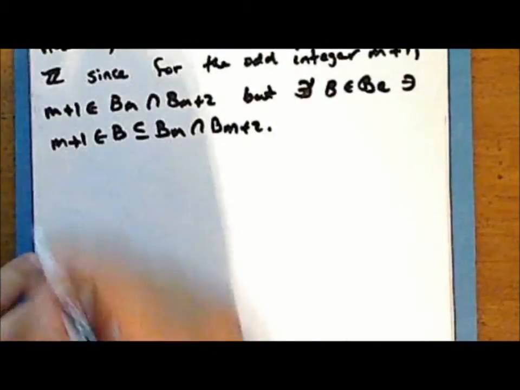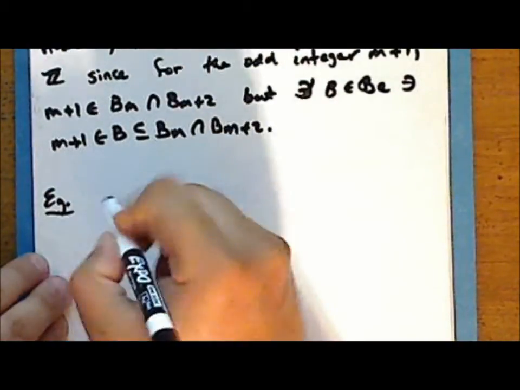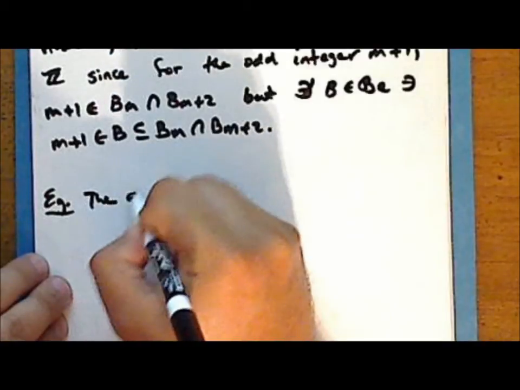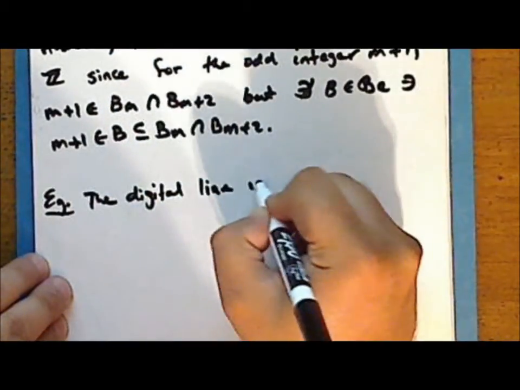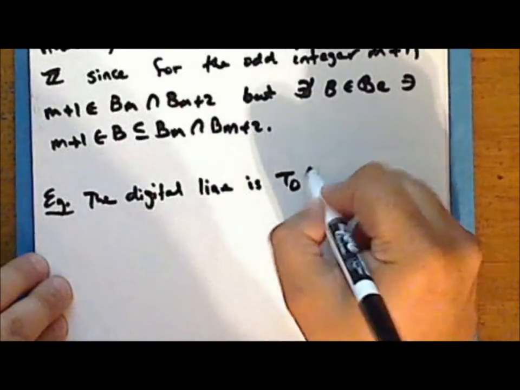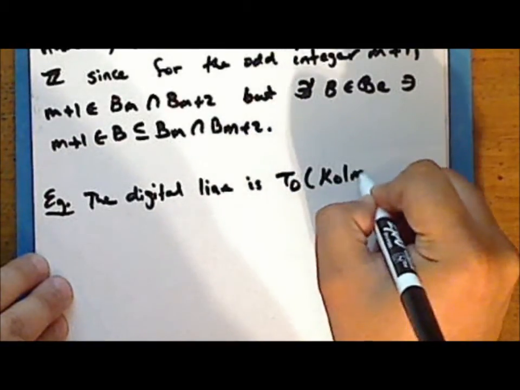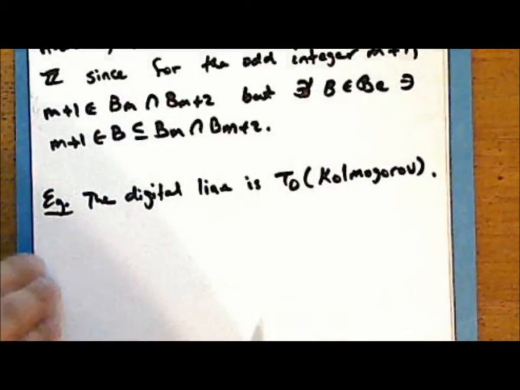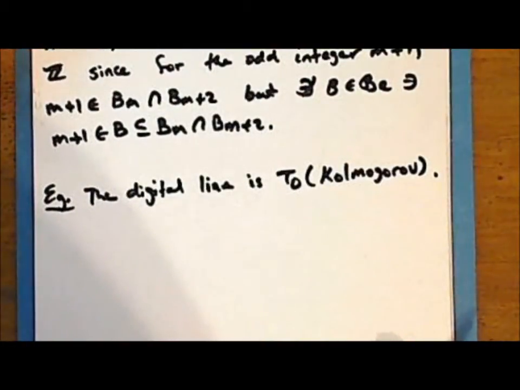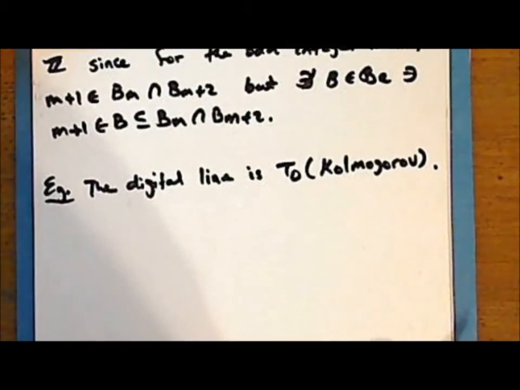Okay, so next we will show that the digital line is T0 or Kolmogorov. Now recall from the previous lecture we demonstrated that not every singleton set is closed.